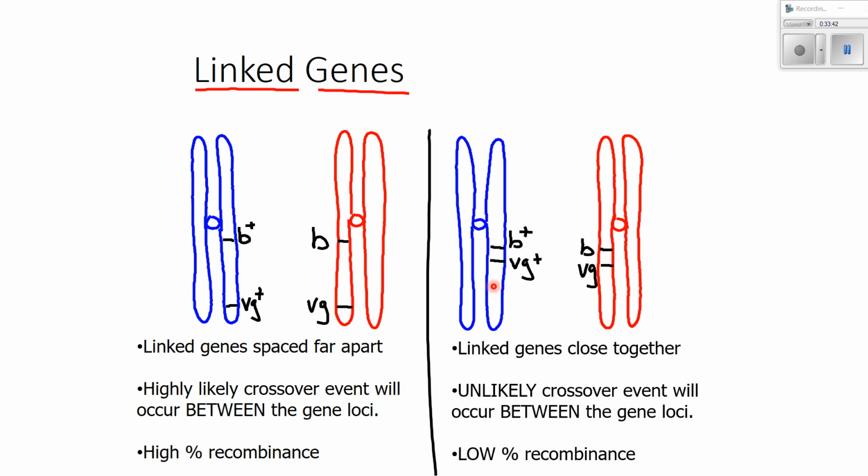See, crossover is random. Where that break happens so that the chromosomes can swap DNA, it's totally random. So if the genes happen to be really, really close together without much space in between, it's going to be pretty unlikely that a random break is going to happen in between them.